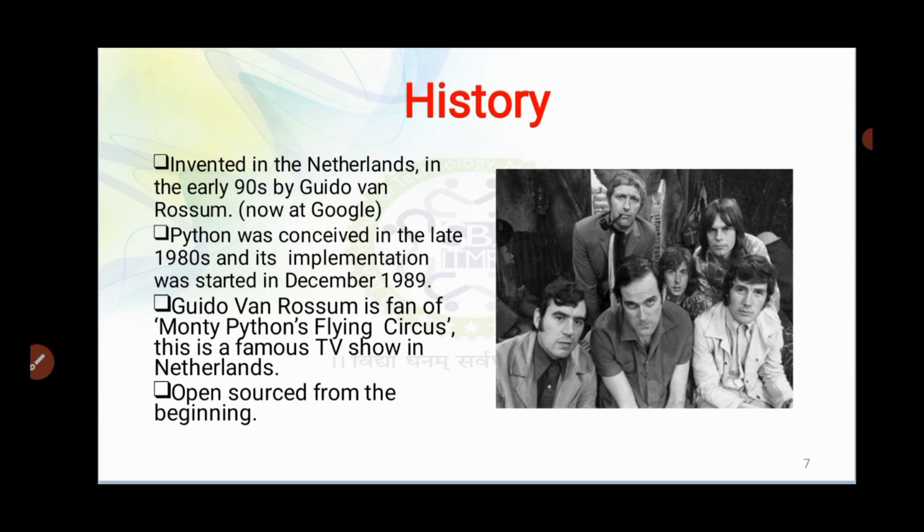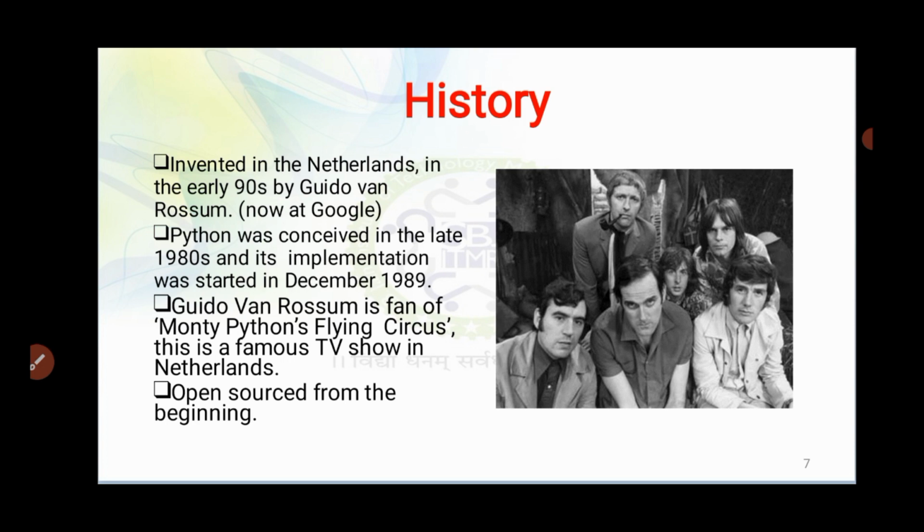Python implementation was started, that means Python came into actual use by people for programming, from December 1989. That means you might not even have been born at that time, right? So Python came into picture for actual use since December 1989.